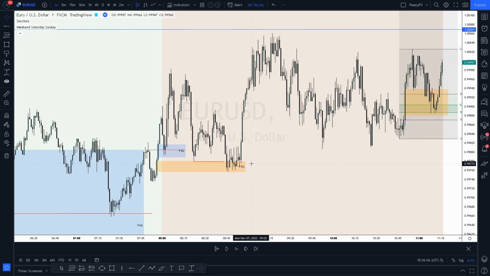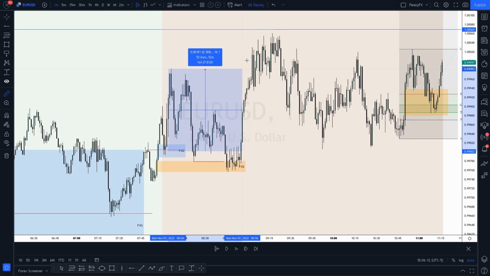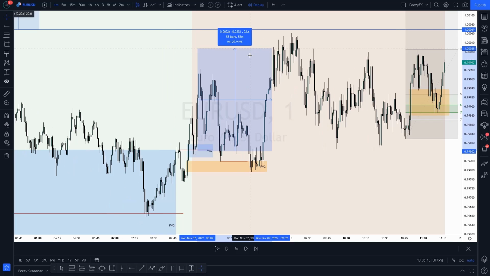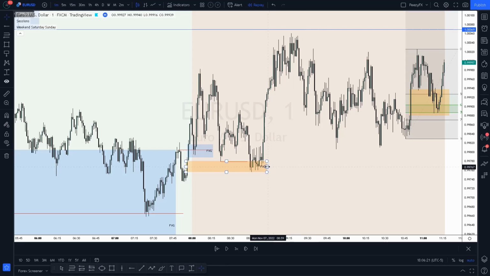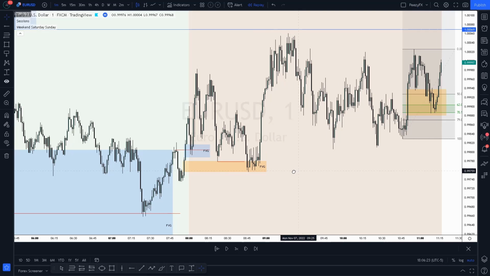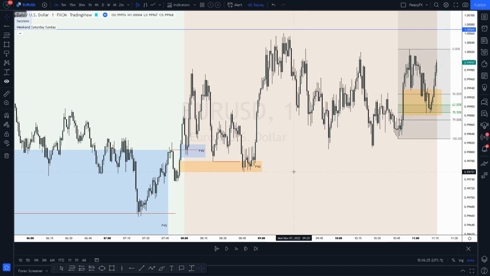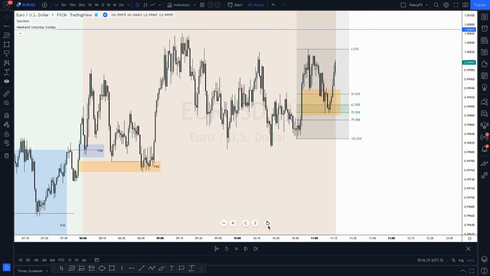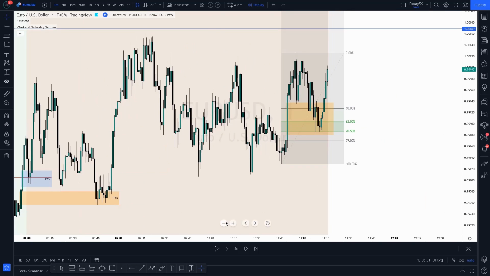That is roughly, let's see, 25 pips on this trade, 22, 23 pips. So around 50 pips for the day on two different positions, right? And I was very content with that, because that's above average in this industry.